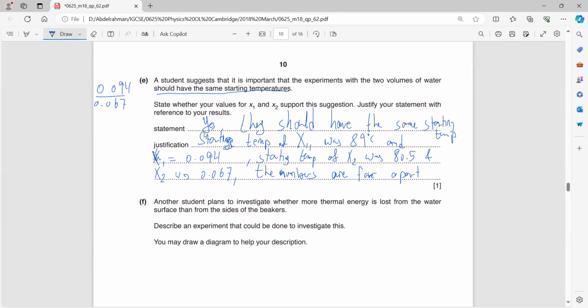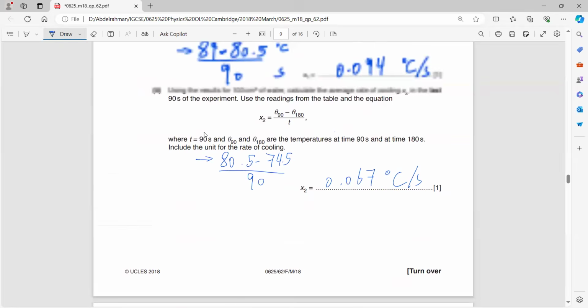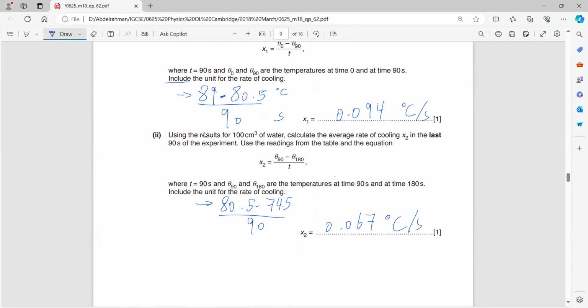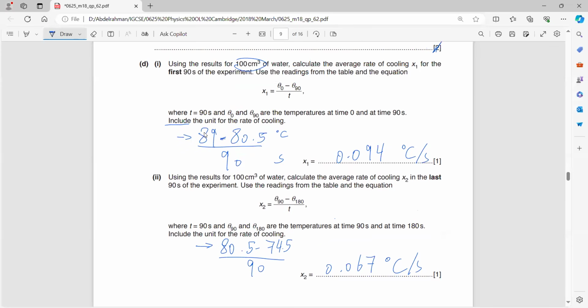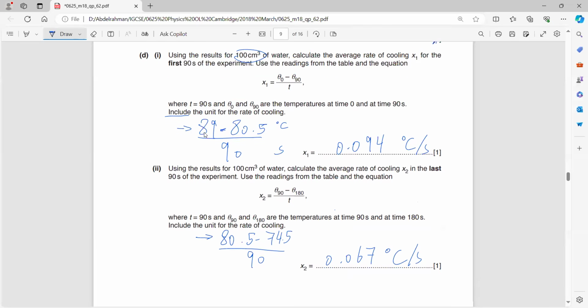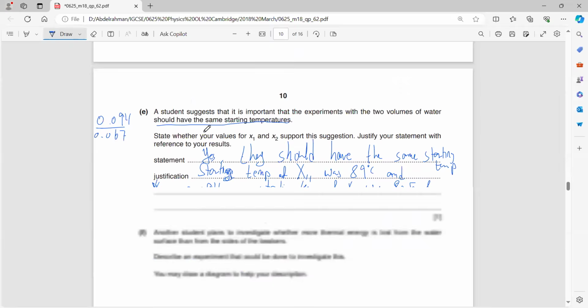Because if the temperatures are different, as we have in this case, then the rate of cooling will be different, and that's the problem. You have to have the same initial temperatures to have almost the same rate of cooling.